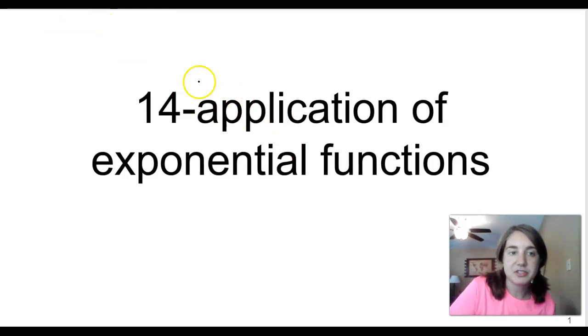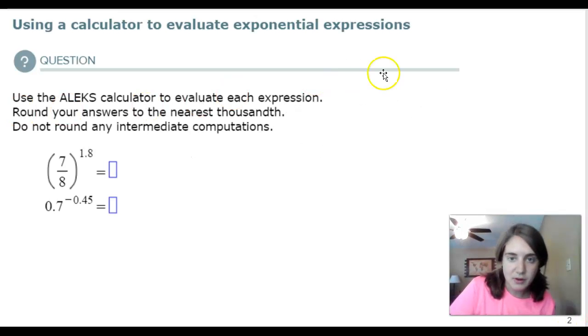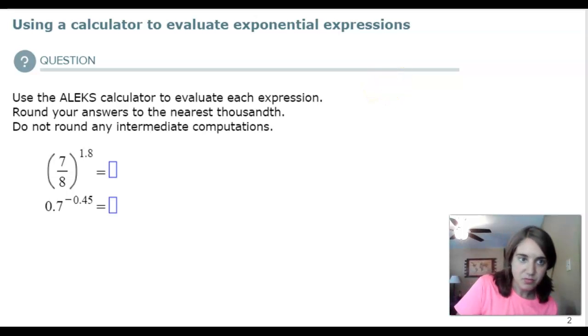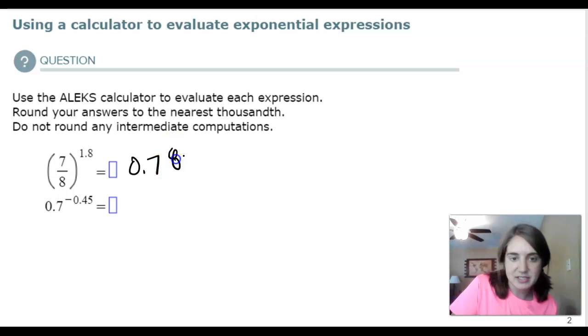At the bottom of the screen here, it says the page number or the slide number, if that helps you. Using a calculator. So Alex should walk you through how to use a calculator. But go ahead and make sure that you are practicing this. You should get 0.786.